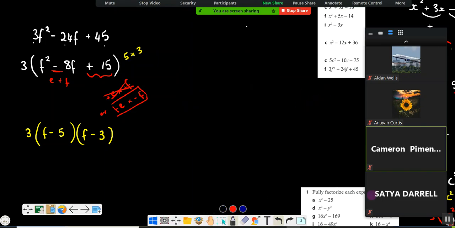So I'm going to rewrite it up here. I've got x squared minus 25. First of all, if I said to you, let's solve this equal to 0, what would you do?